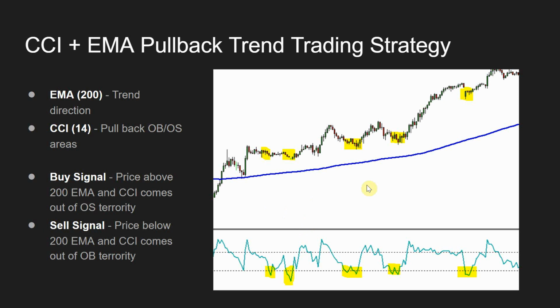So price has to be below the exponential moving average, and every time price comes out of overbought territory, over these situations over here, then it will take a sell signal. So it's a fairly basic strategy, but again, it gives us a way to get into long-term trends and not buy in at the highs, and try to get a discount level to then trade it back up to the potential highs or even further.